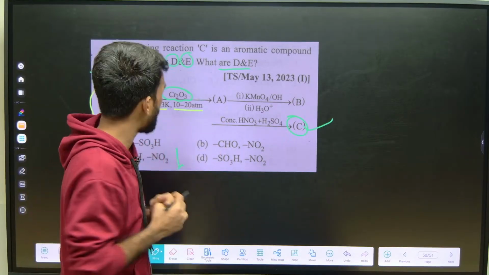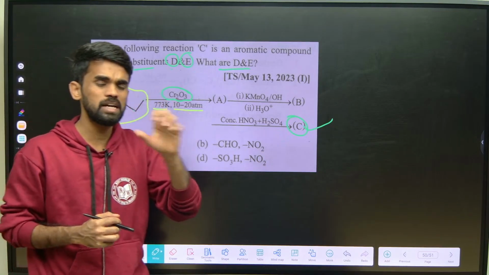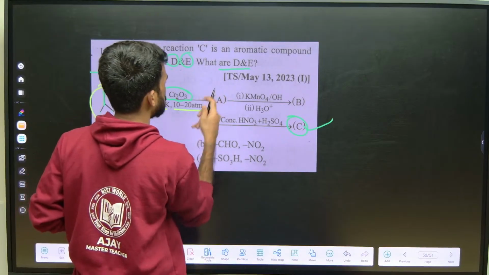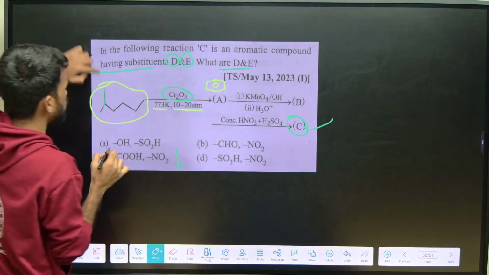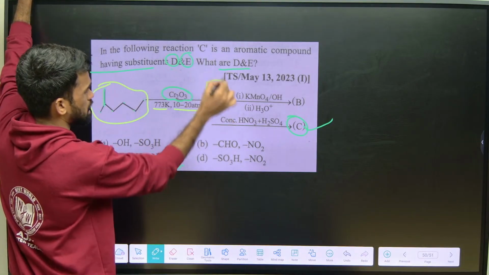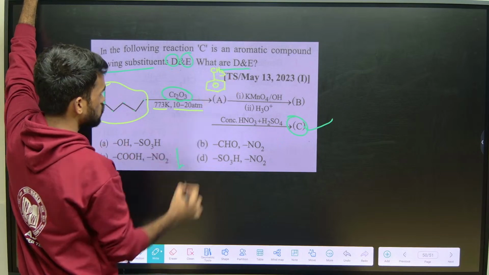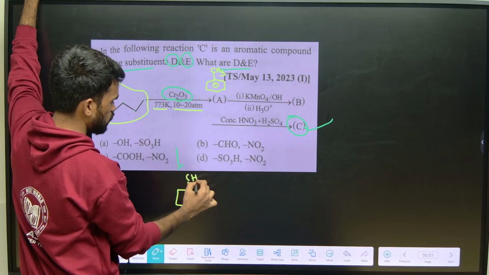We discussed aromatization. Six carbons in the parent chain, so the six-carbon aromatic compound is our benzene. Benzene is formed here, and on this we have a substituent now. So six carbons are cyclized, aromatized, and here you have one methyl group. So what is our A here? Toluene is our A.